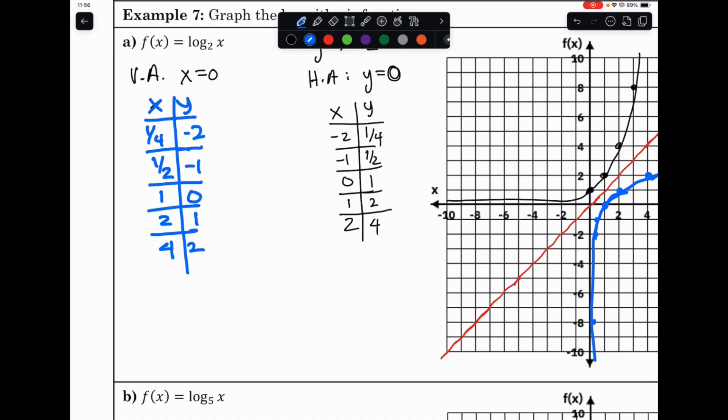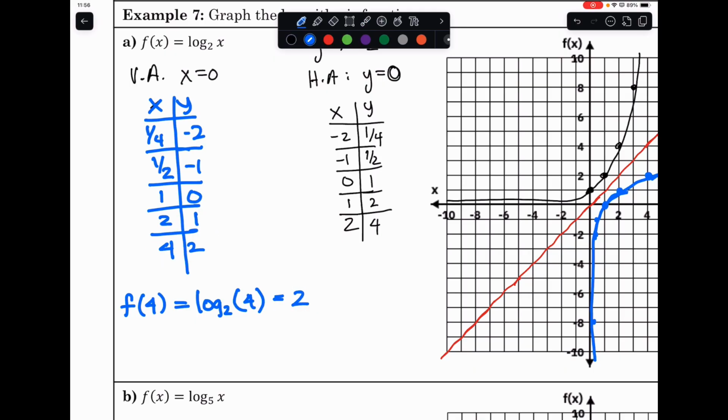But if I evaluate my f function at the value of 4, I have the log base 2 of 4. Notice that the answer to that is equal to 2, because 2 needs to be raised to the second power in order to equal that value. So that's what the answer is, and notice how it matches that value right there.